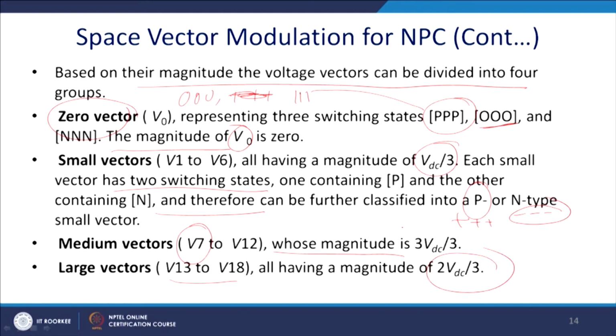So, there will be VDC by 3, and 2 VDC by 3.